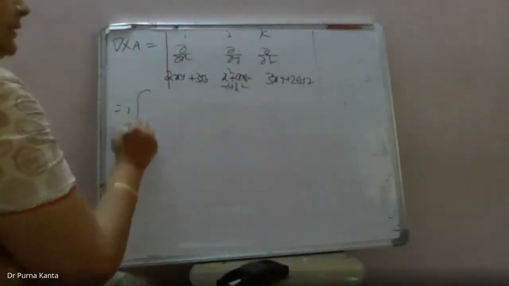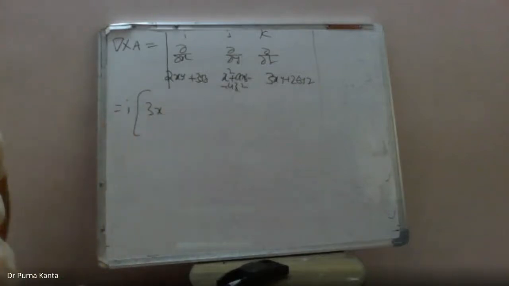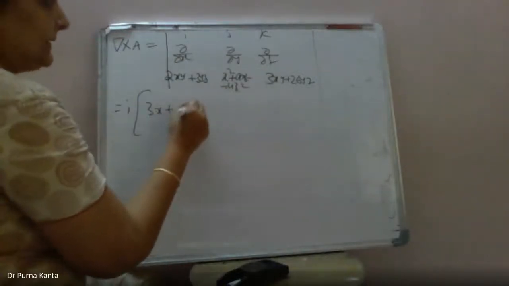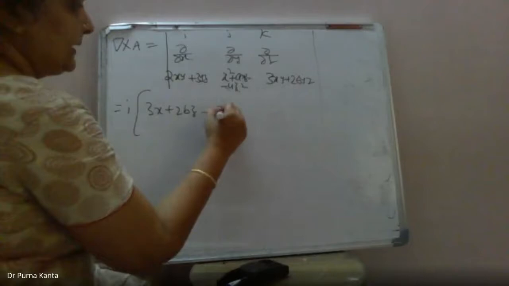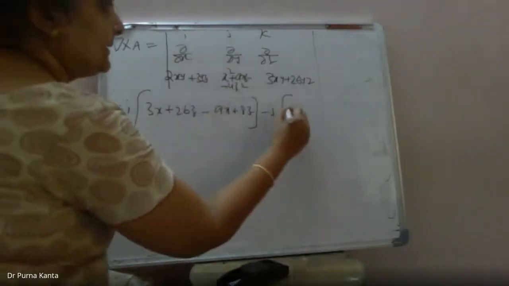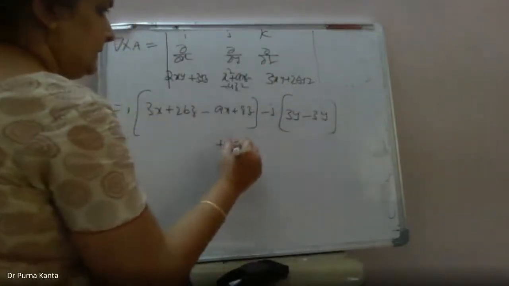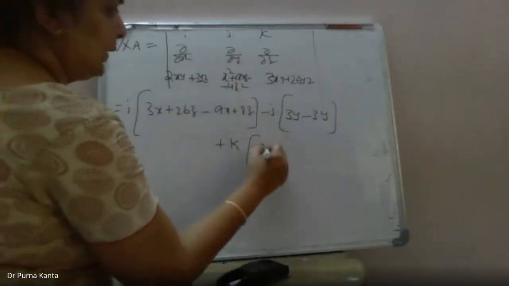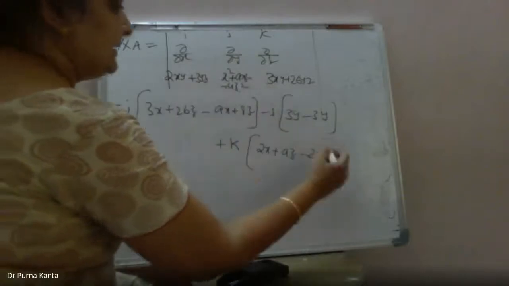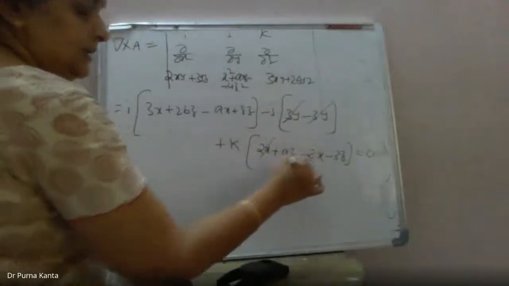So this is i times ∂/∂y, which is 3x plus 2bz, minus ∂/∂z, which is minus ax plus 8z. Minus j times ∂/∂x is 3y, ∂/∂z is minus 3y. Plus k times ∂/∂x is 2x plus az, ∂/∂y is minus 2x minus 3z, which is equal to 0. These two values get cancelled: 2x minus 2x gets cancelled.